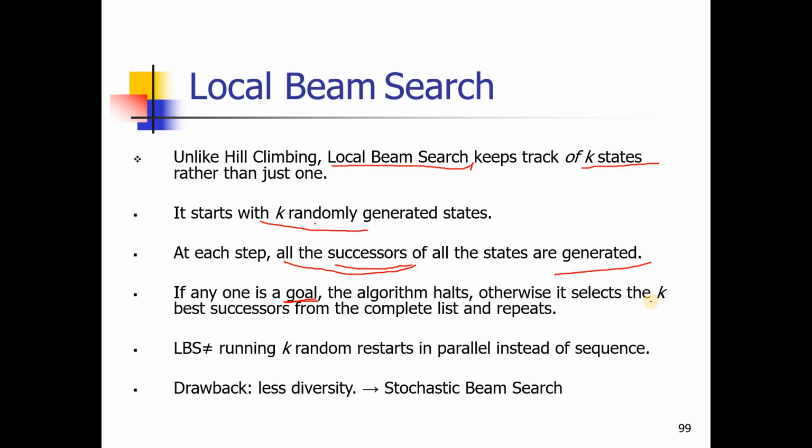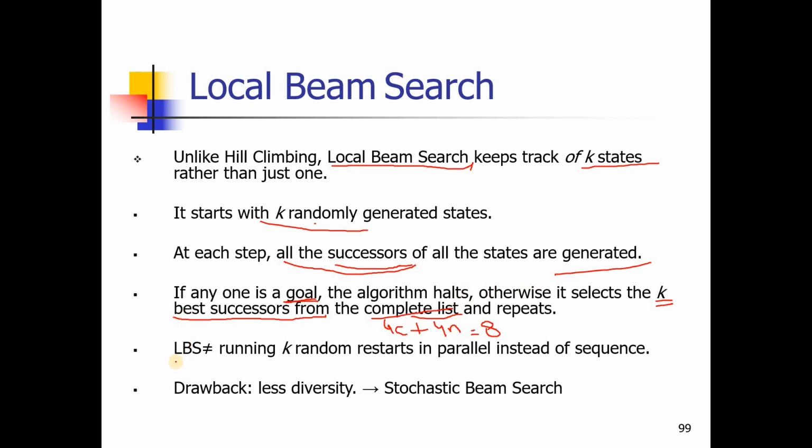Otherwise, you select the k best successors. This is an important step. You select the k best options from the complete list. Complete list means, in our case here, 4 current states plus 4 next states, total 8. You select them and then you repeat.